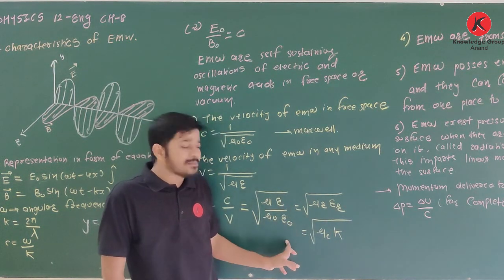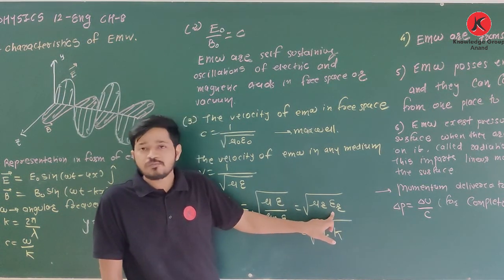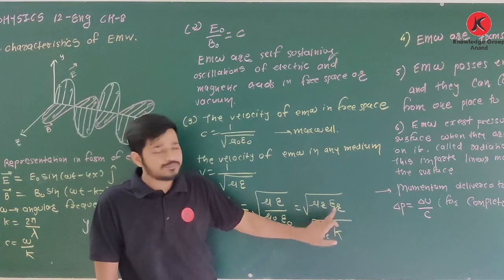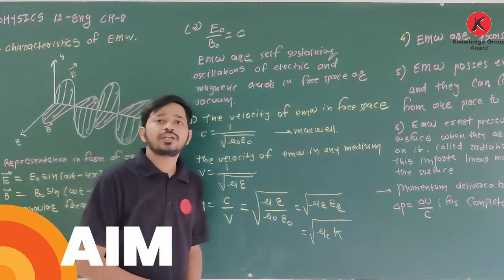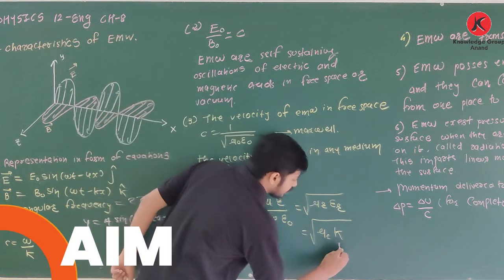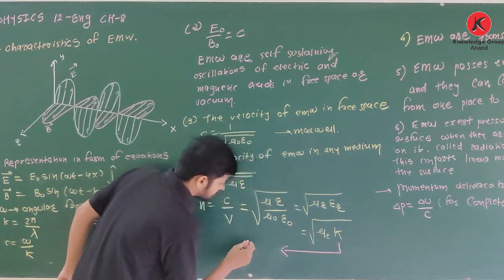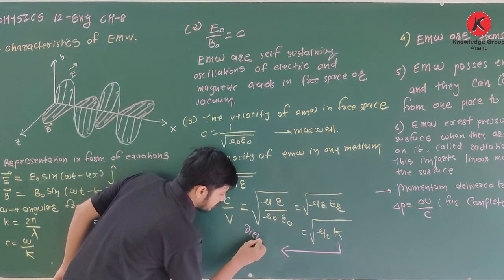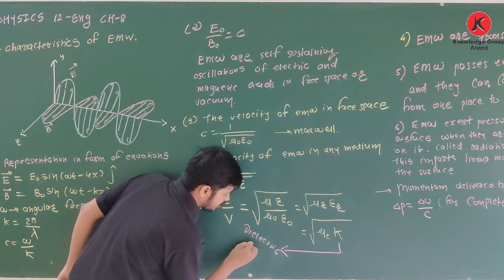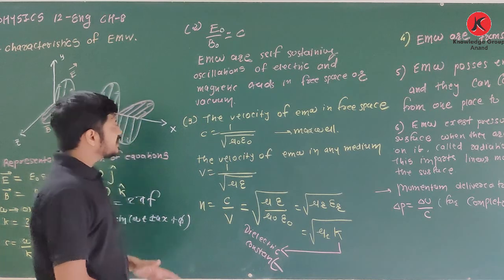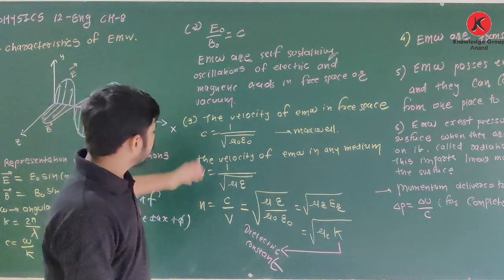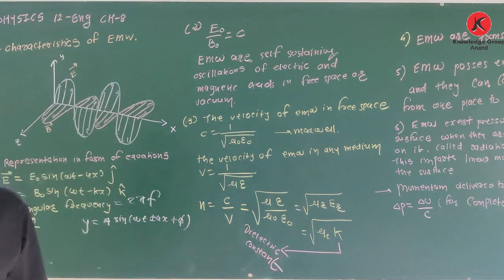Similarly, epsilon upon epsilon 0 is the relative permittivity of the medium, and you can also represent this as K, that is the dielectric constant. Clear? So yes, you have to remember each and every equation. We have completed 3 points.